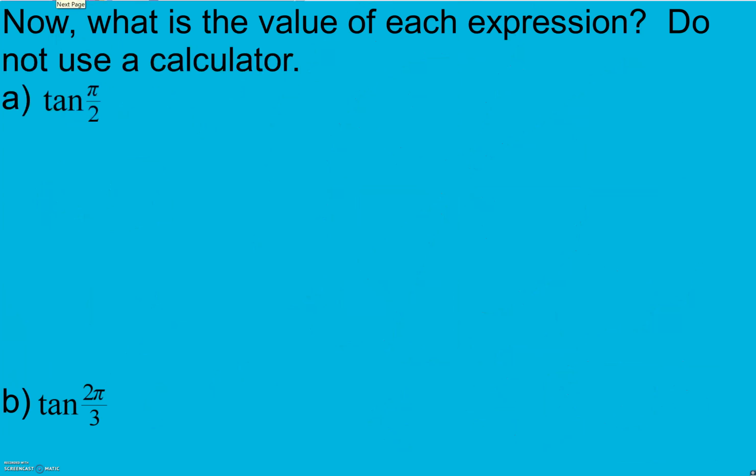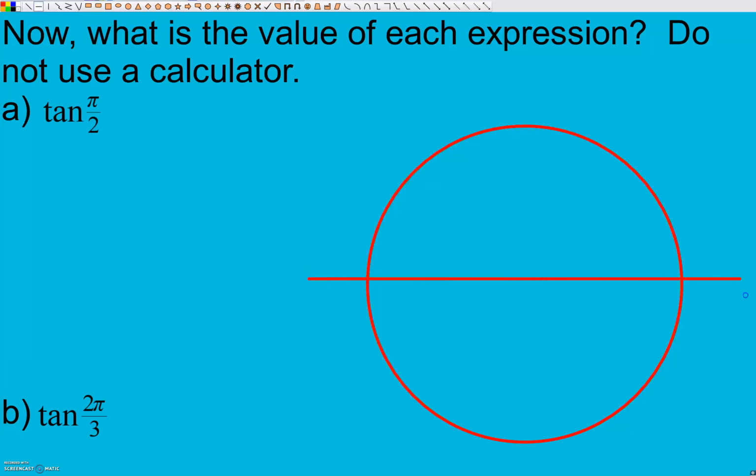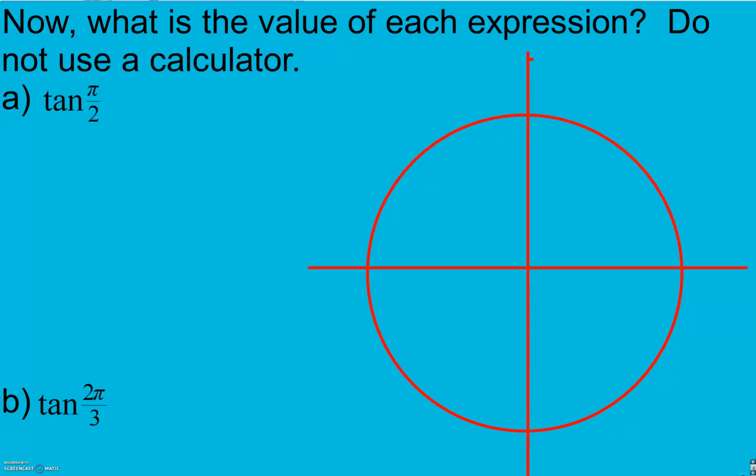Now, what's the value of each expression? Do not use a calculator. So, I'm going to take my circle, and if I really want to, I can go ahead and split this up for my first one. Pi over 2 is right here. 1 pi over 2, 0 pi, halfway.